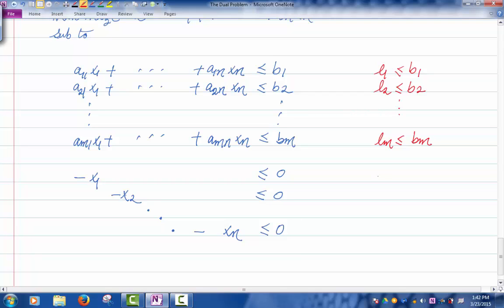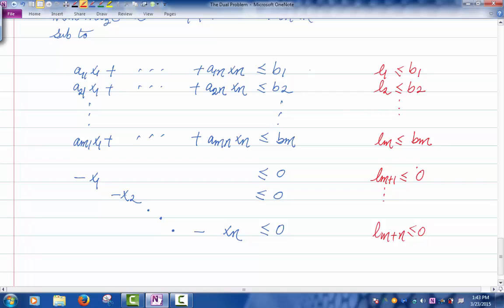And then the next one, I'm going to call L m plus 1 less than or equal to 0. And then this one would be L m plus n, right? Less than or equal to 0. Is everybody okay?